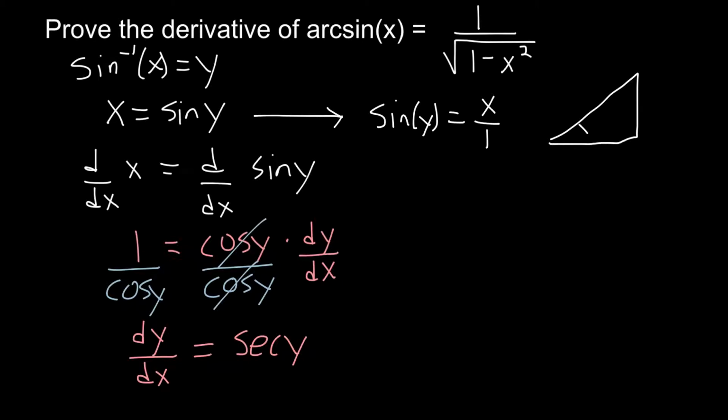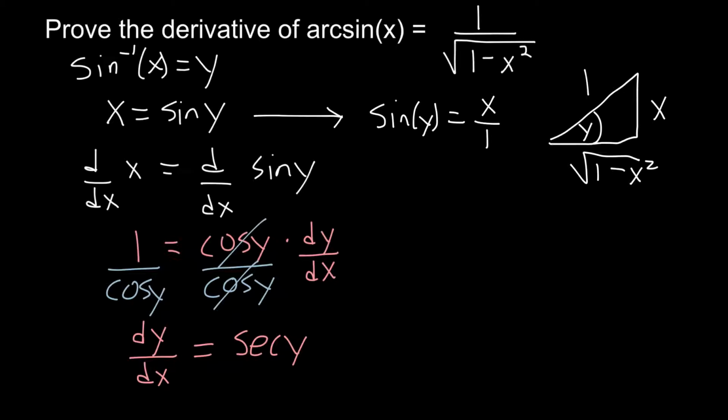Imagining y to be the angle, we know sine is opposite over hypotenuse. So we now have opposite and hypotenuse. To solve for the missing side, we can use Pythagoras, and you can check that it will be the square root of 1 minus x squared.